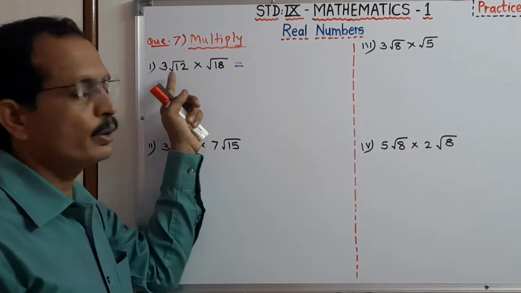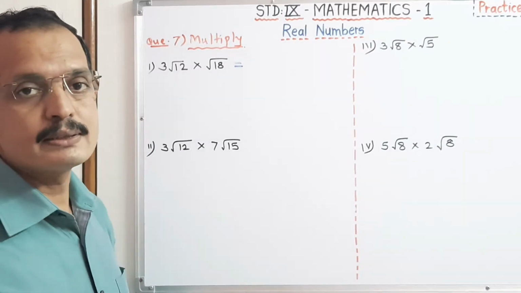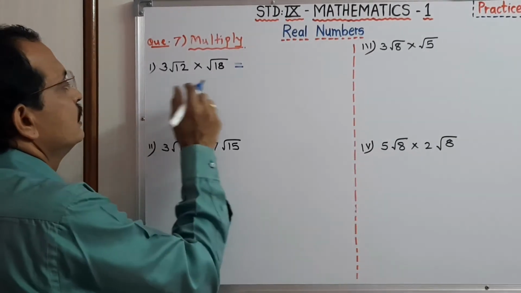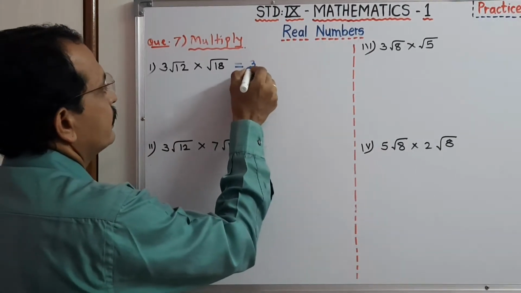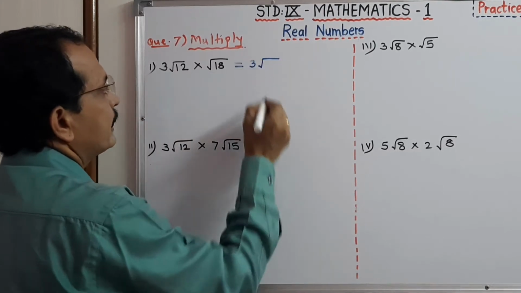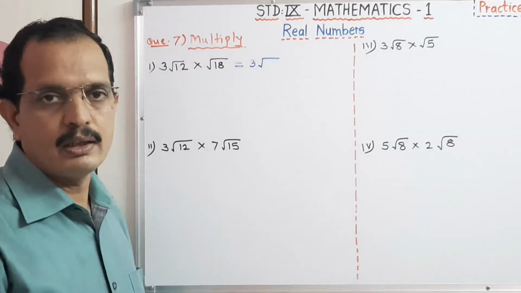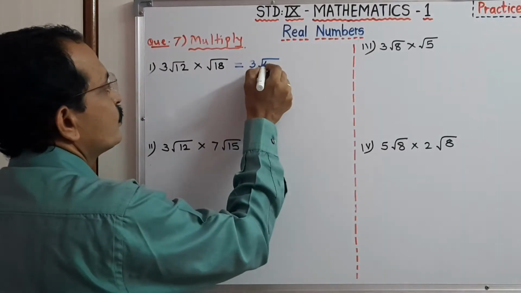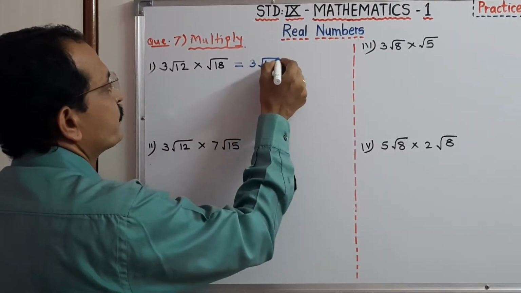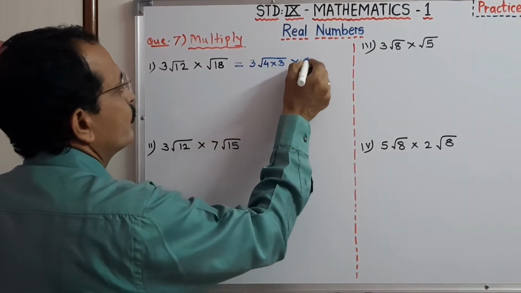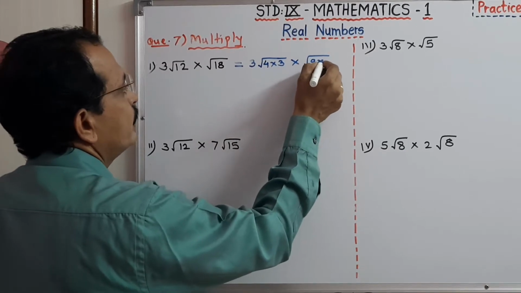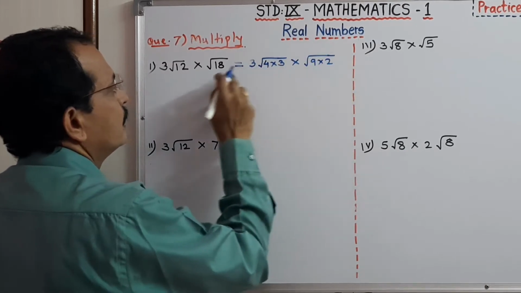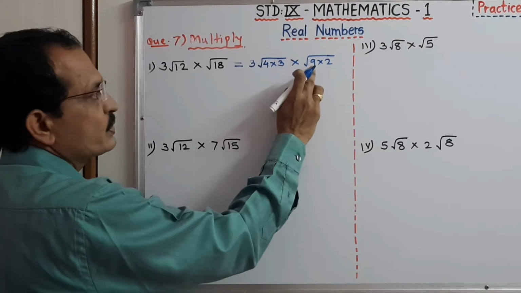Therefore, first of all we have to write the simple form of this. Now see here, we write 3 root 12. Can we factorize this root 12? Yes, it is 4 into 3, into, we can write 9 into 2, 18. 9 is a perfect square.